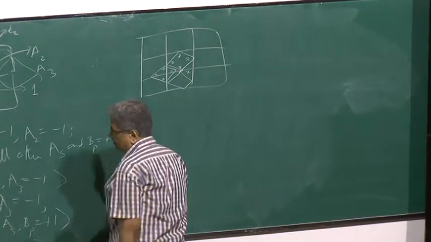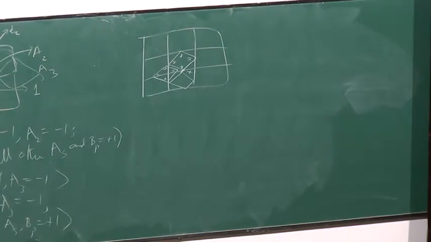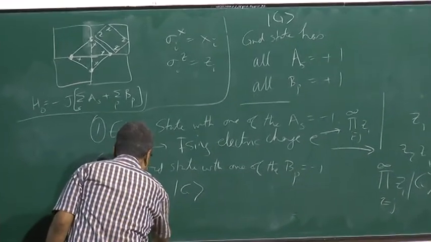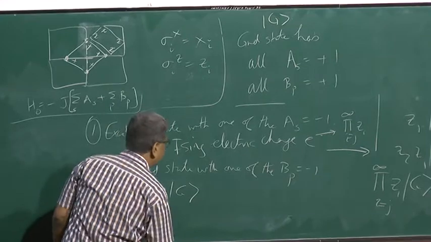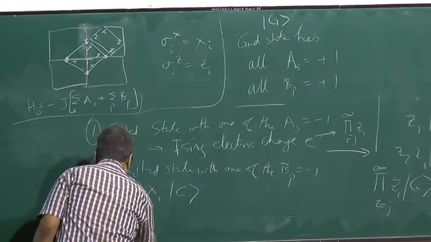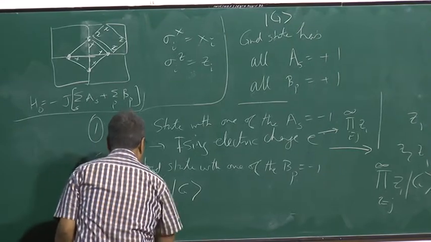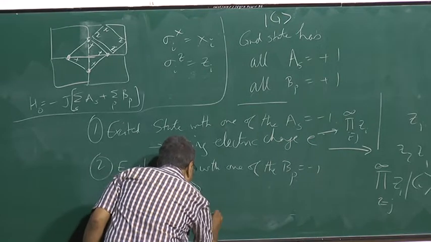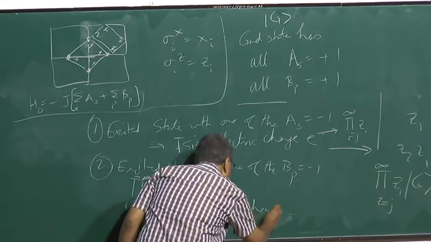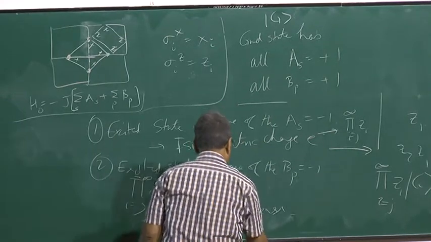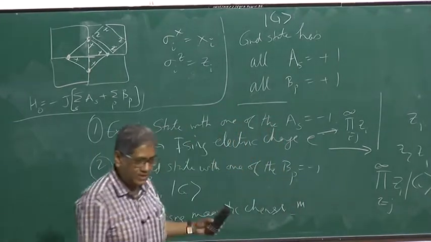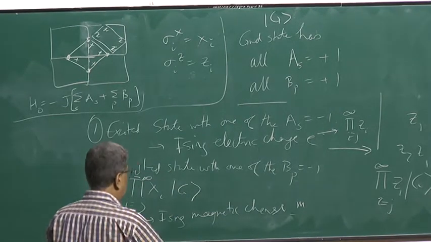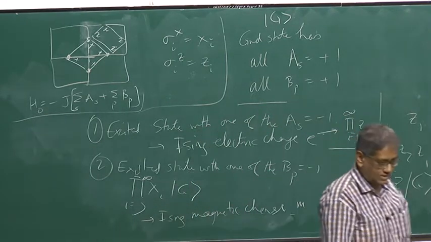So the way you create this is that you act on the ground state with a product of X_j from, let us say, some j to minus infinity, and this creates an Ising magnetic charge. Let us call that M for magnetic charge, and again you can only create one of them. If you create two of them at the same site, those two strings cancel each other.